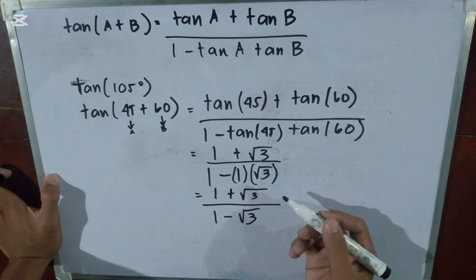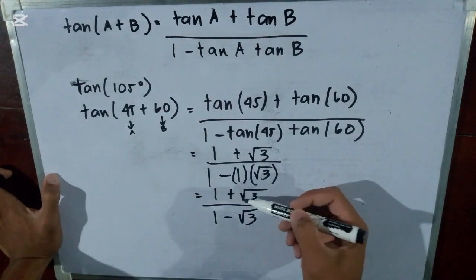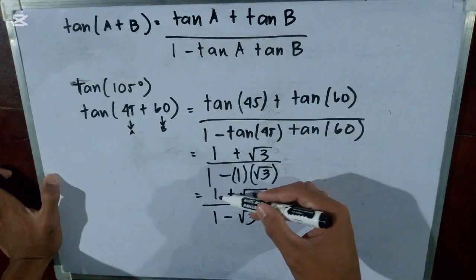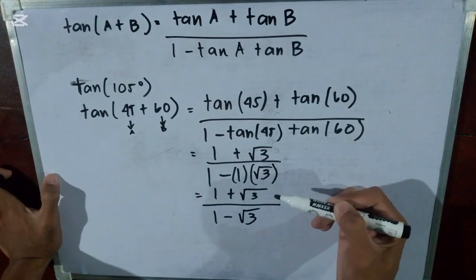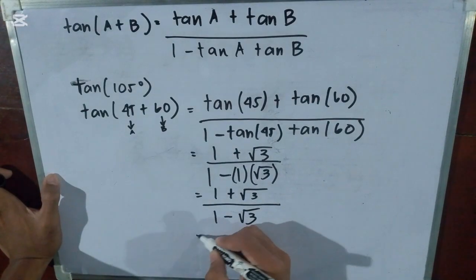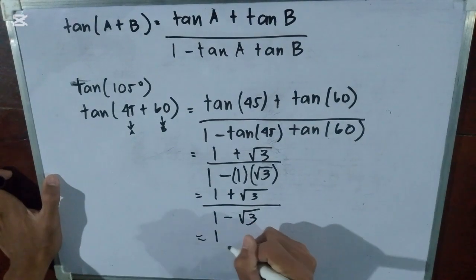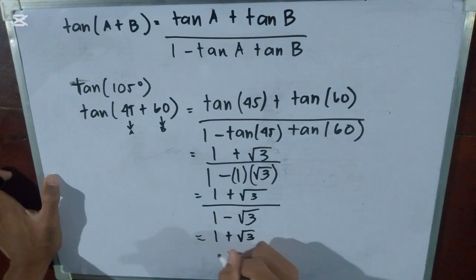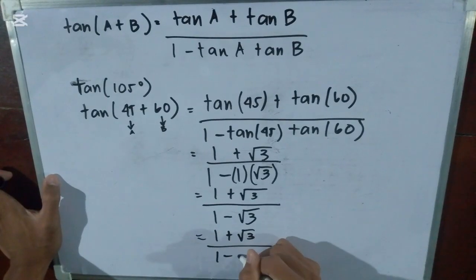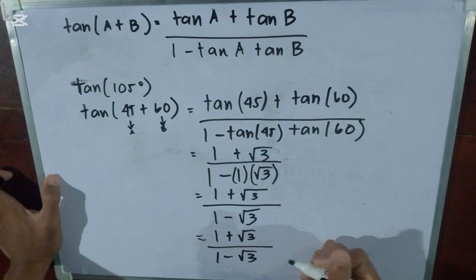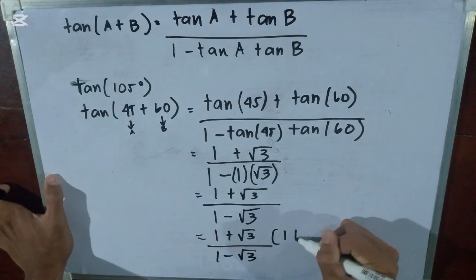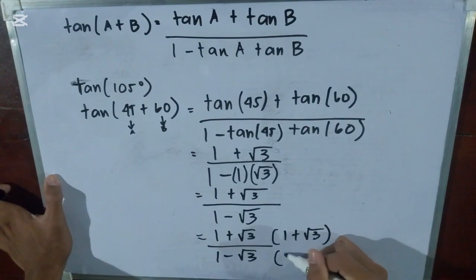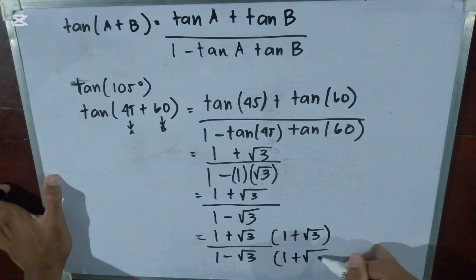All we need to do is multiply the numerator and the denominator by 1 plus root 3. So it becomes 1 plus root 3 over 1 minus root 3, multiplied by 1 plus root 3 over 1 plus root 3.